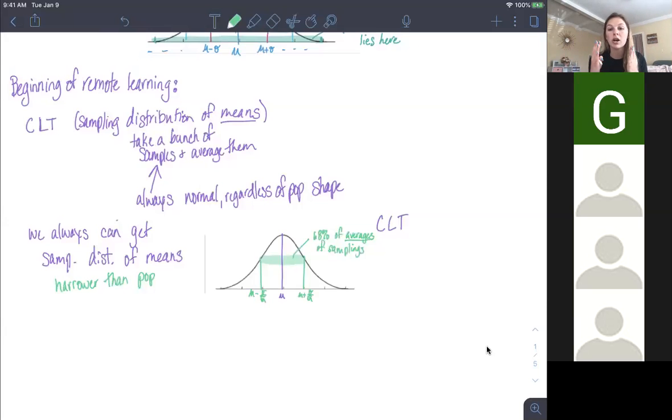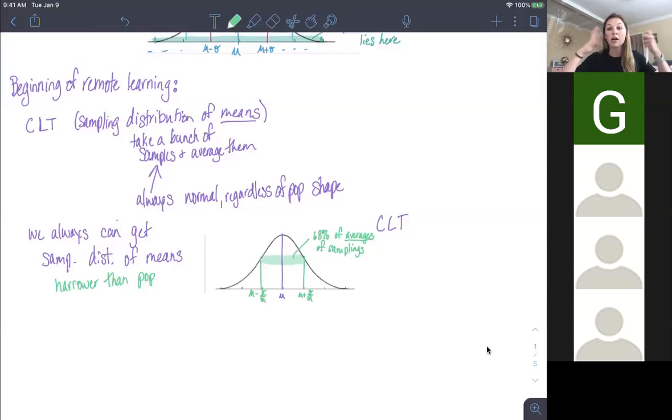The reason it got so narrow is that yes, it's possible you had a population data value that was really big, and that would make your overall population spread very wide. However, when I grab 17 random samples, it's really unlikely that I'm going to grab all 17 that are gigantic and end up with an average that's gigantic.